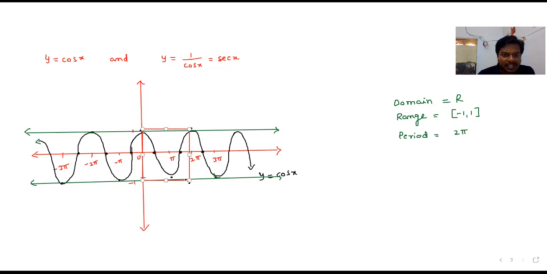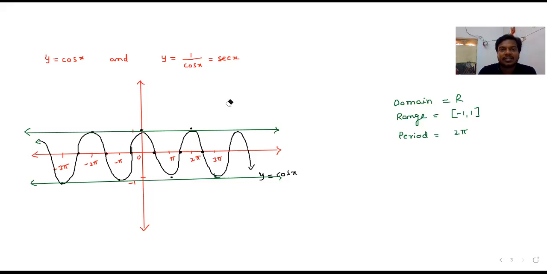The graph which is near the origin repeats again at x equal to 2 pi. Repetition starts at x equal to 2 pi, so the least positive real number is 2 pi here, so I am going to write period 2 pi. It repeats at 2 pi and then at 4 pi also. But the least positive real number is called the period of the function. Therefore, period equal to 2 pi.